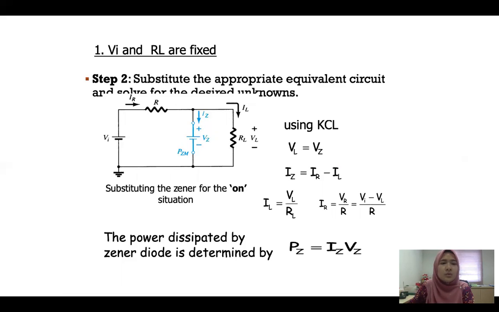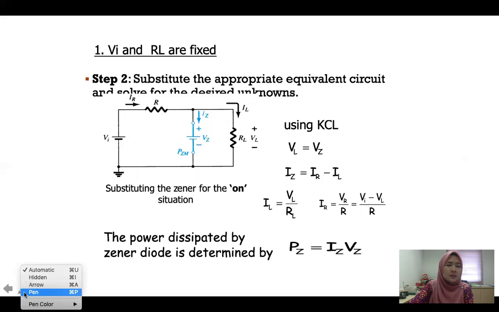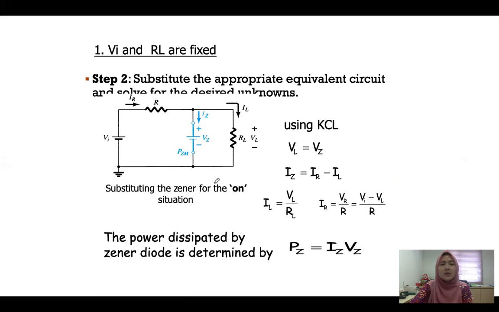Next, step 2: substitute the appropriate equivalent circuit and solve for the desired unknowns. First, substituting the Zener for the on situation. This is when the Zener is operating on.